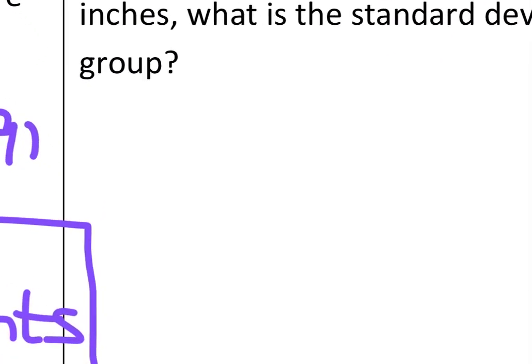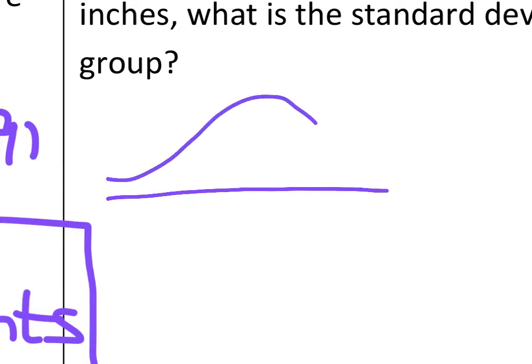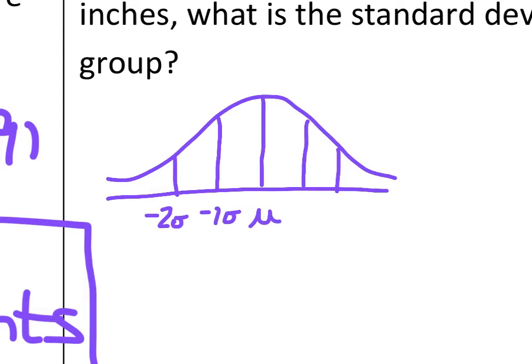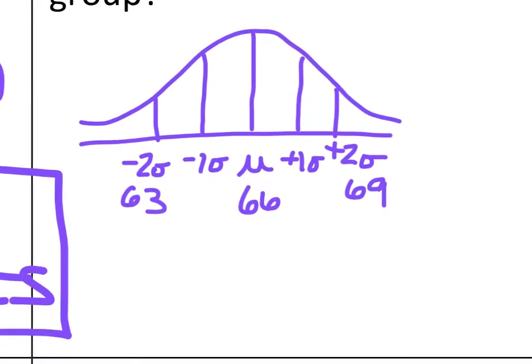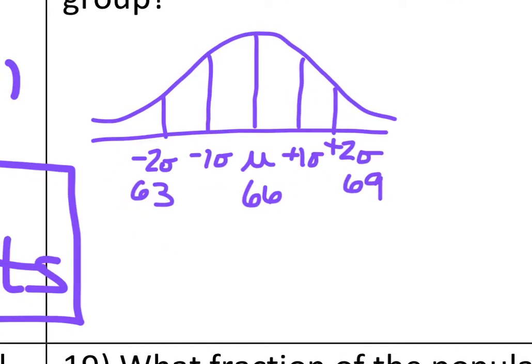So if I were going to draw my normal curve for this data here, you're given the 66 as the mean, you're given 63 as minus 2 standard deviations, and 69 as plus 2 standard deviations. And there's any number of ways that you can compute the two missing values.